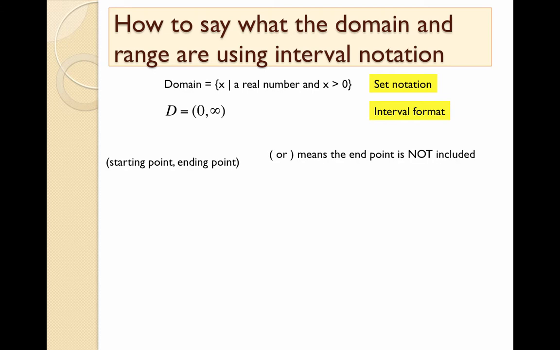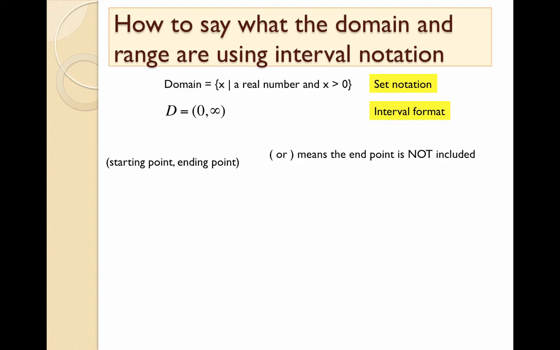Now we don't always use parentheses. We use parentheses to indicate when the endpoint is not included. So in this particular example, we had specified that x had to be greater than 0, but it could not equal 0. So an open parenthesis indicates that that 0 is not actually included and that our domain starts just a hair bigger than 0.